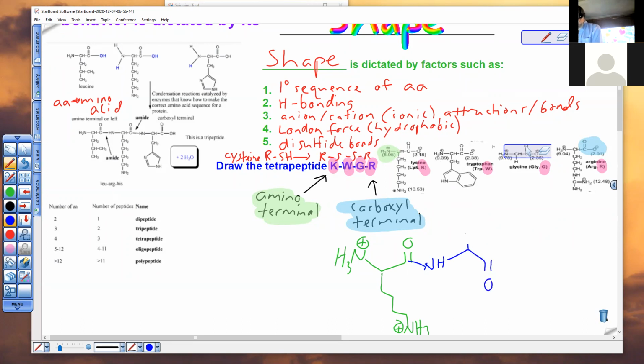This goes to CH2, goes to an aromatic ring. It's called an indole ring. We didn't talk about it. Most semesters I do talk about it. Time is short during these trying times. Indole ring on tryptophan. And that takes us up to its carbonyl, which is condensed with the next nitrogen.